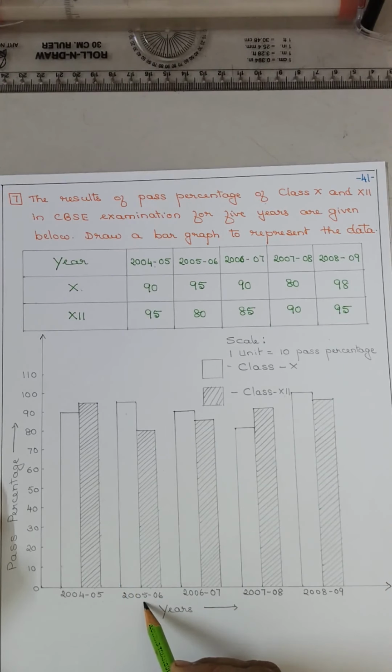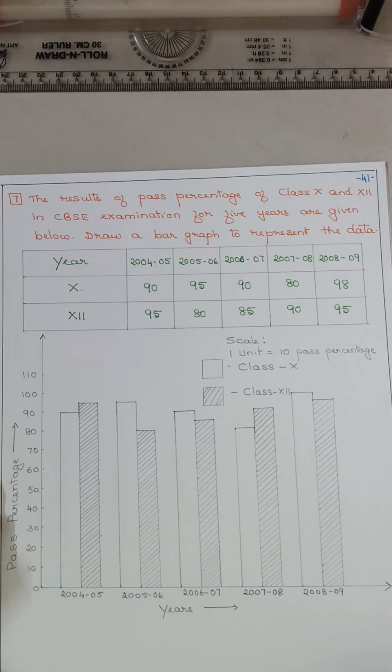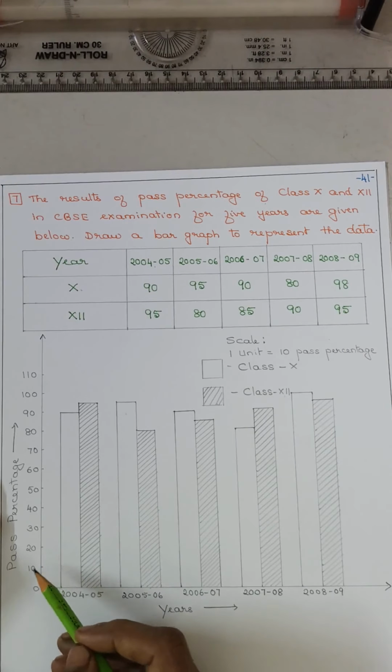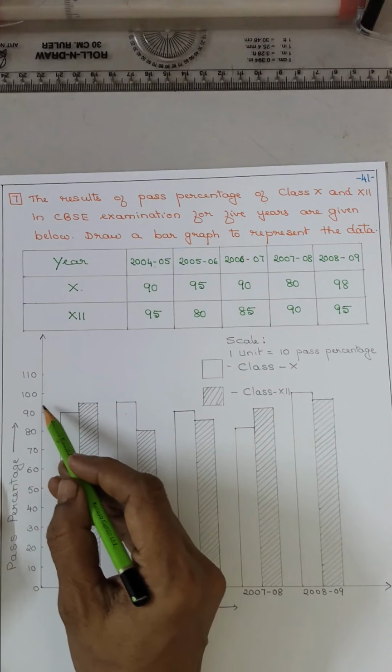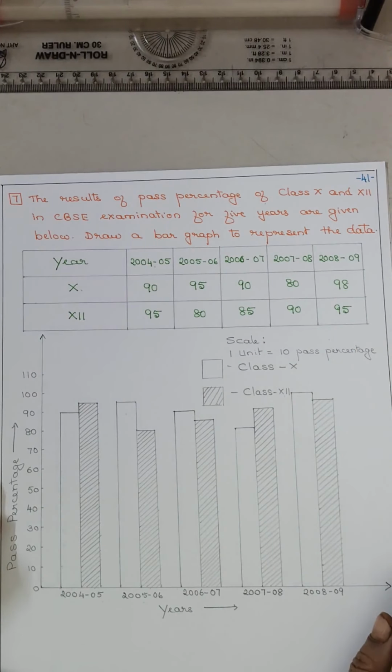Then write the year, then leave 1 centimeter gap, then again draw. So 8, that means 8 small divisions, 90 के बाद the small 8 divisions that you have to take. Understood?